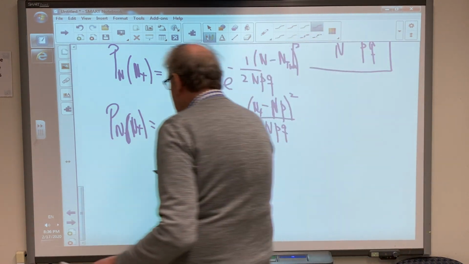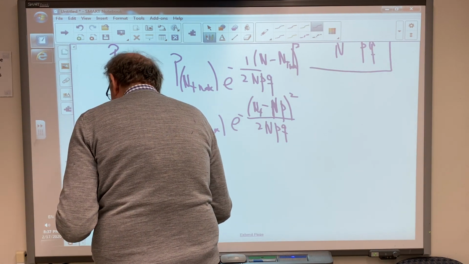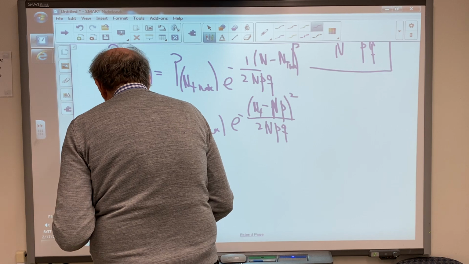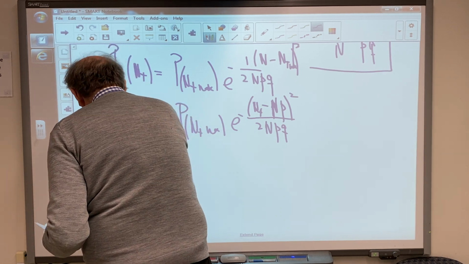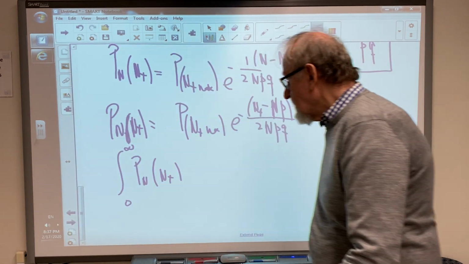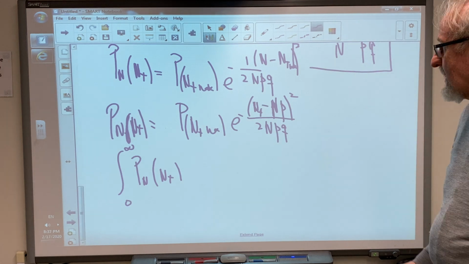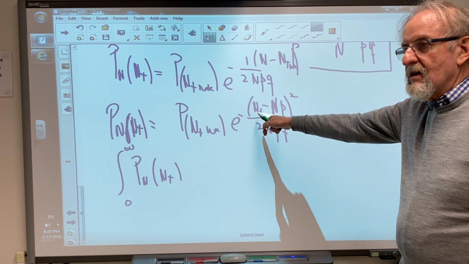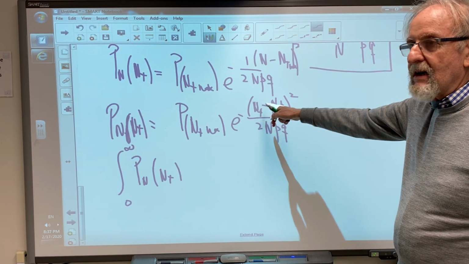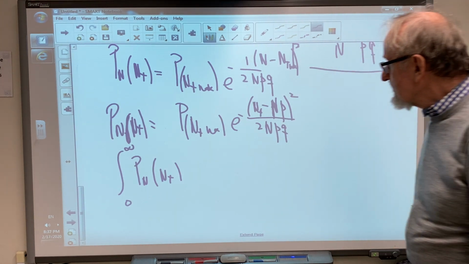So if I calculate Pn of n plus, and I integrate this all the way from 0 to infinity, well, n plus can go all the way to n, but remember, I have e to the minus n plus squared, so eventually the little tail is not important.